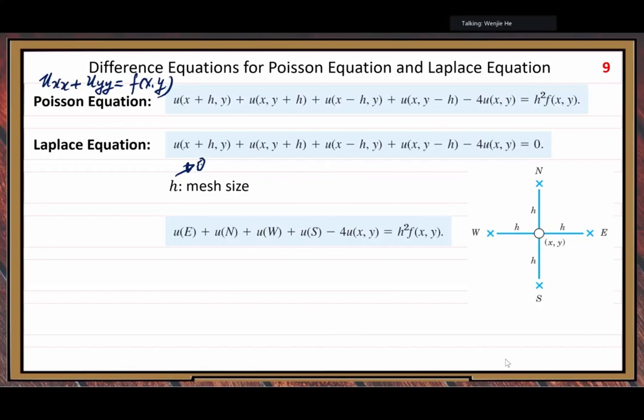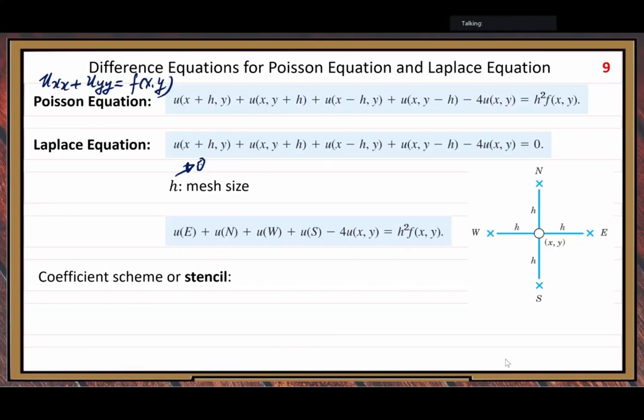The east point is x plus h. North is y plus h, things like that. This helps you memorize the pattern.